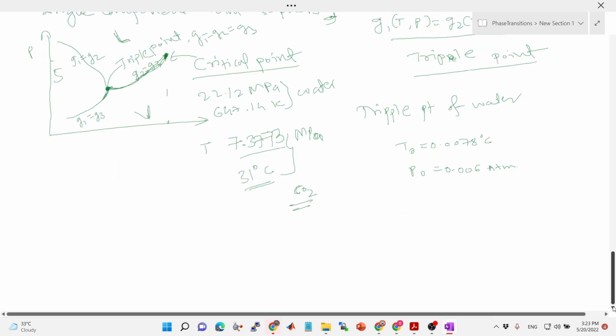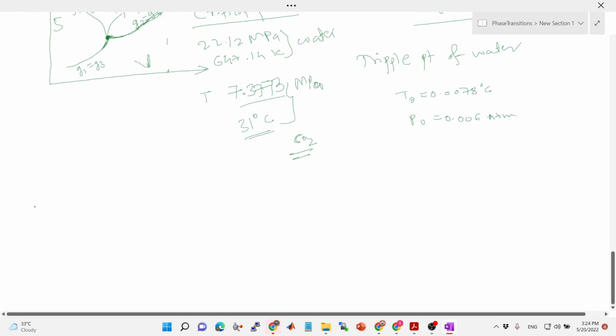Now we're going to look at the Clausius Clapeyron equation.